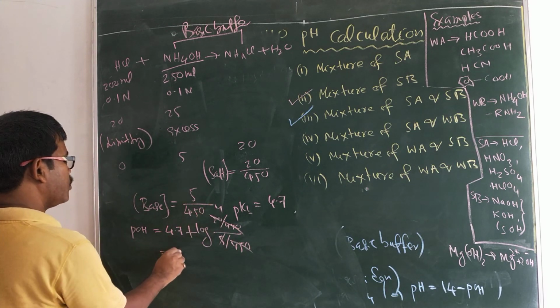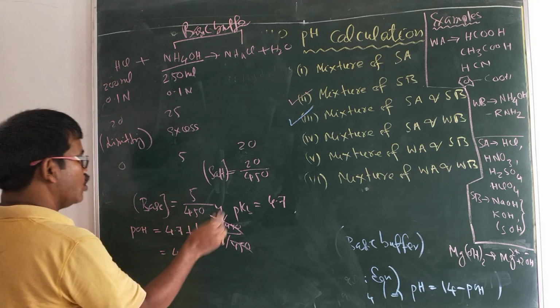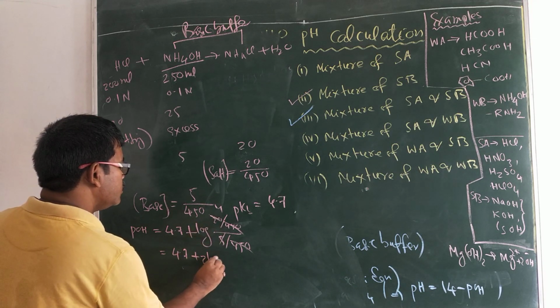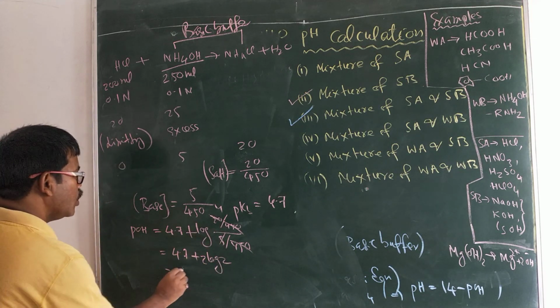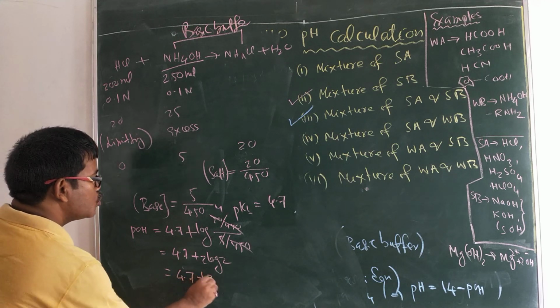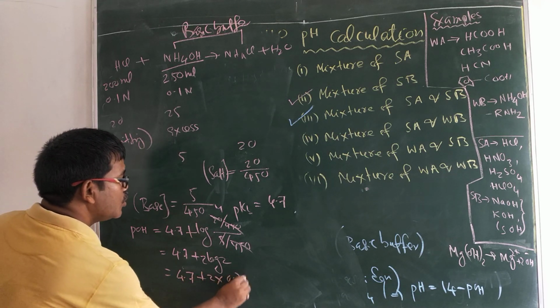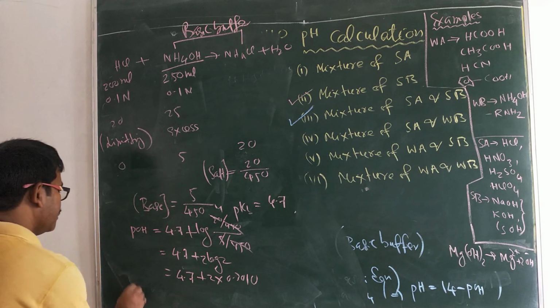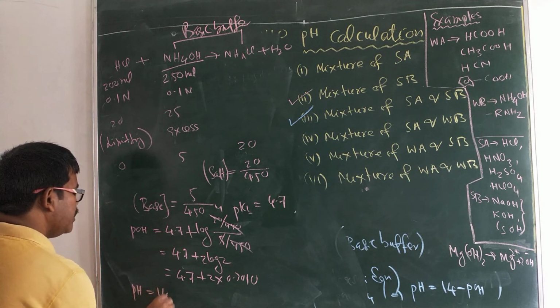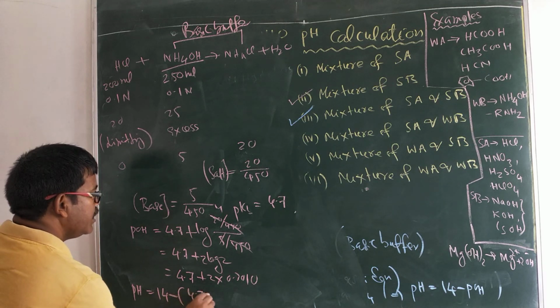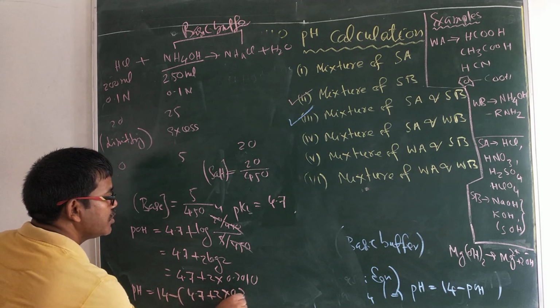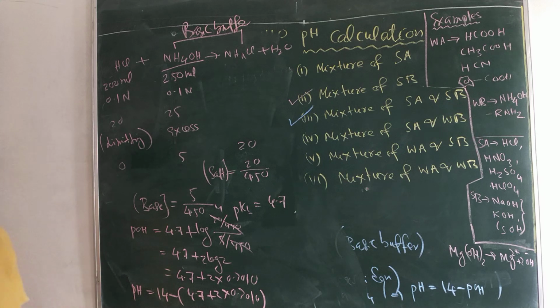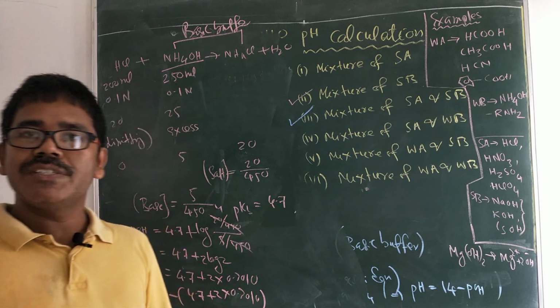Therefore, we will be getting 4.7 plus log 4. Log 4 means 2 log 2. Therefore, 4.7 plus 2 into 0.3010. This will be the pOH. Therefore, pH will be 14 minus (4.7 plus 2 into 0.3010). This is how we can calculate the pH for a basic buffer.